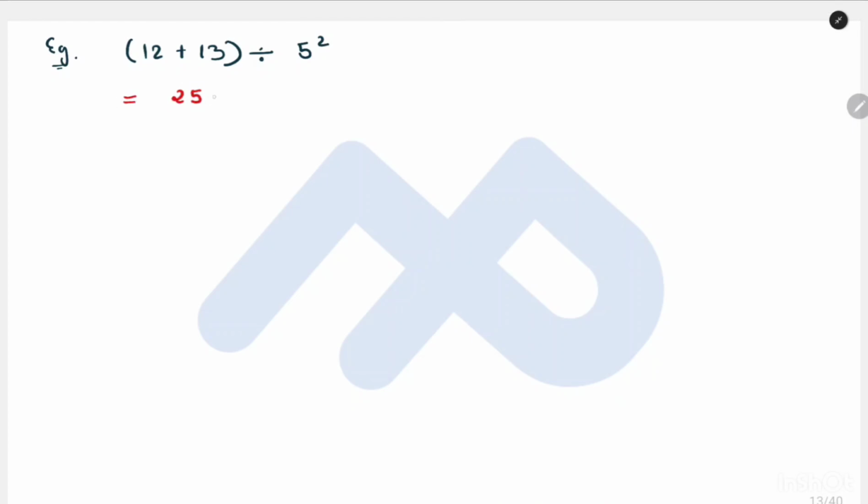So we'll write 25 divided by 5 square, that is 2 power of 5. Okay, so after the bracket, off comes first, so let's solve that. 5 square is 25, and now we'll solve the division. So that is 25 divided by 25. If you divide any number by itself, you'll get 1. So your answer is 1 here. Clear?